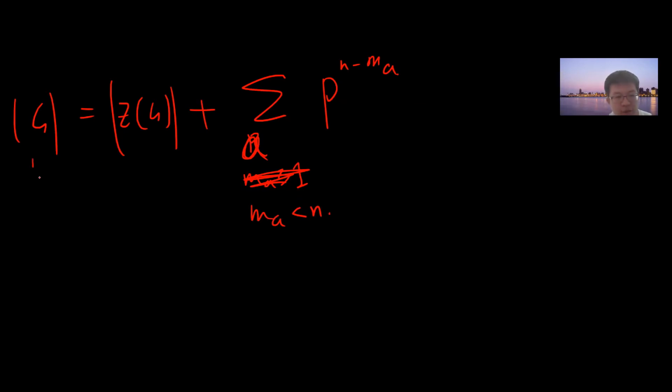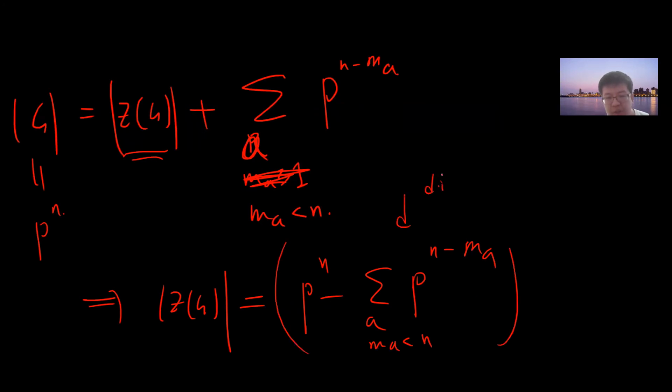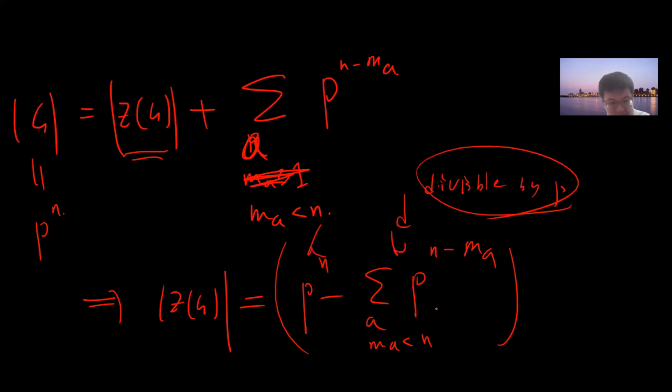Okay, so you see this is p to the n. So what you prove is that the order of the center of G equals p to the n minus this sum. But the problem is that this is divisible by p, because every element is divisible by p, because m_a is less than n, which means that the center is divisible by p. So the center cannot be trivial.